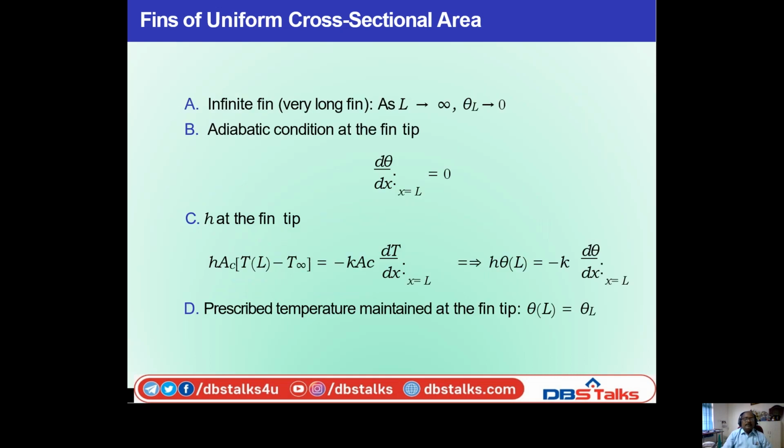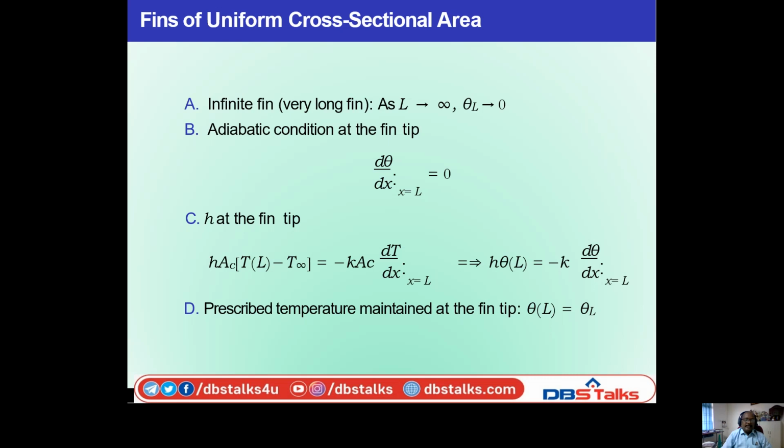For fins of uniform cross-sectional area, there are the four conditions we have discussed. The first condition is a very long fin. Very long fin means the length is infinite. If it is an infinite fin, where L equal to infinity, then theta suffix L also tends to 0. When L tends to infinity, theta tends to 0. That is one condition.